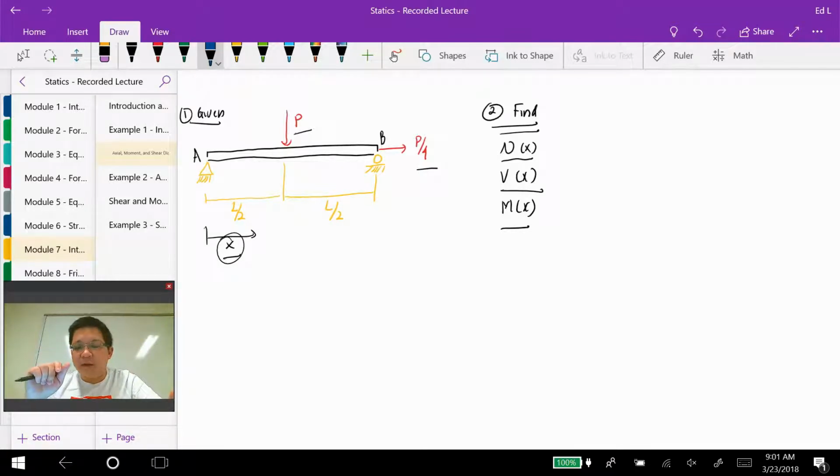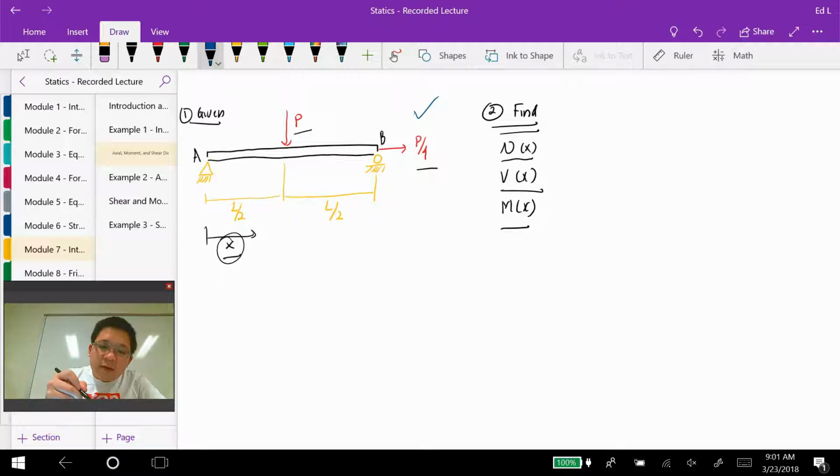In this example problem, there will be two ranges.